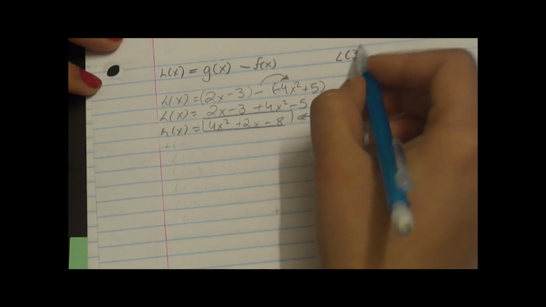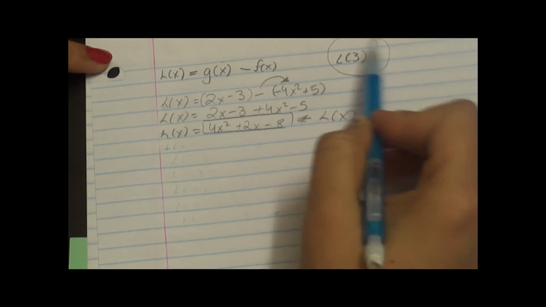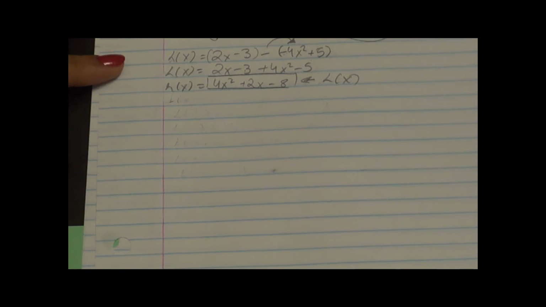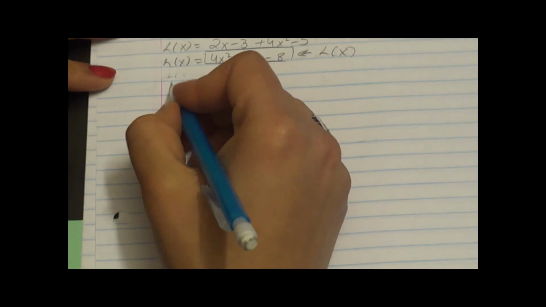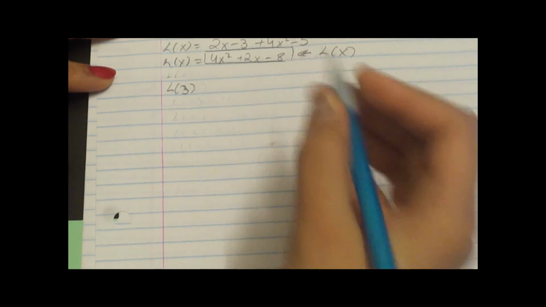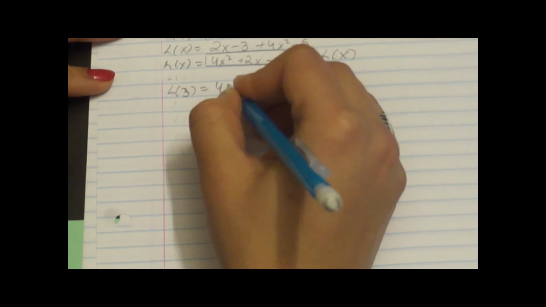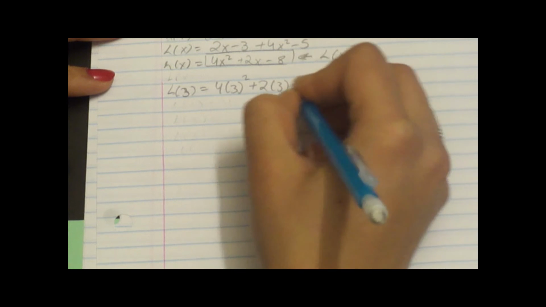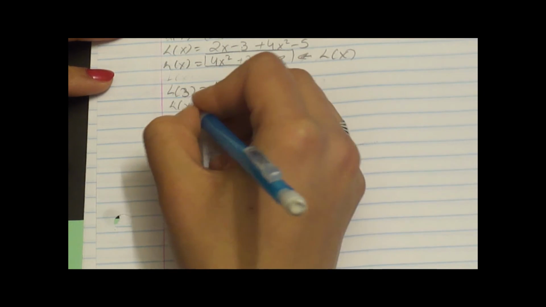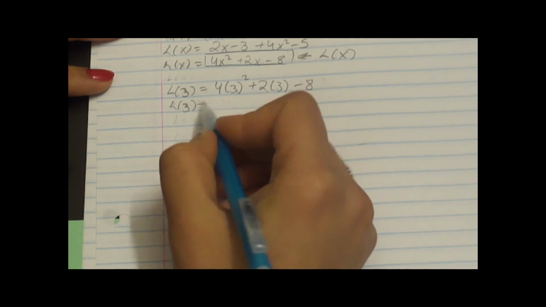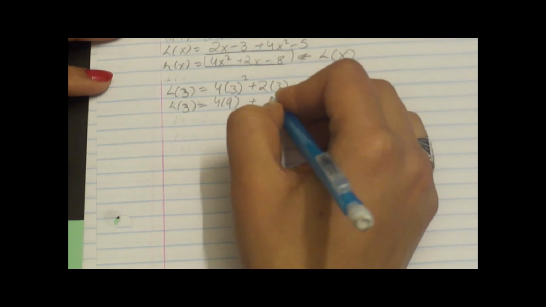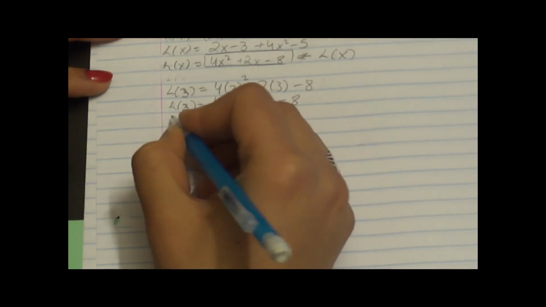And that gives us the equation for L of x. Now, the second part is we have to find L of 3. So now we'll go ahead and plug 3 wherever there is an x. So it's 4 times 3 squared plus 2 times 3 minus 8. So 3 squared is 9, 4 times 9 plus 3 times 2 is 6, minus 8.